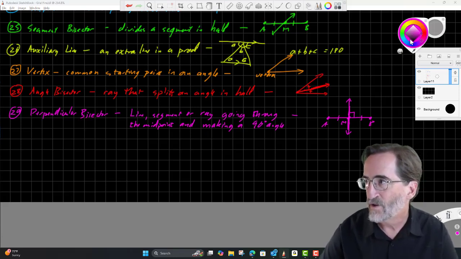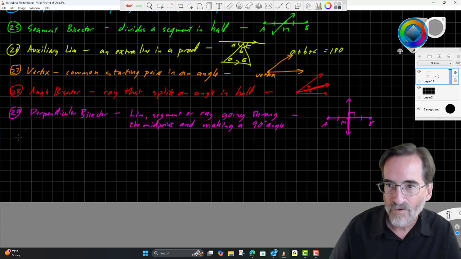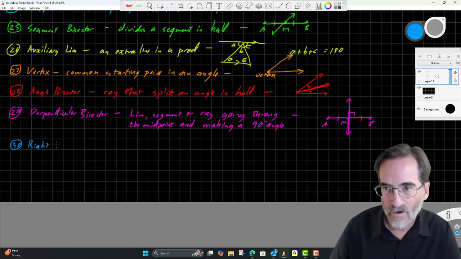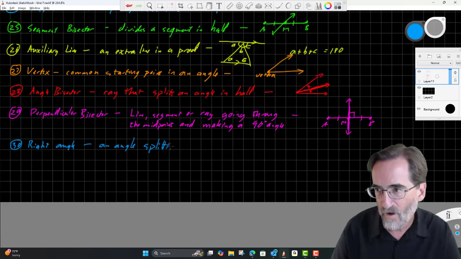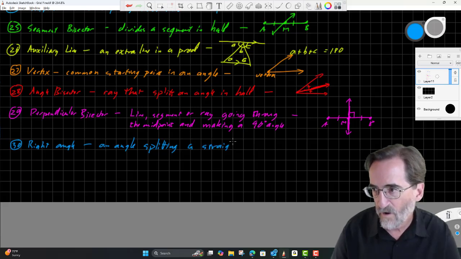Last one. I think we're going to fit it. 30. Right angle. An angle splitting a straight angle in half, 90 degrees.